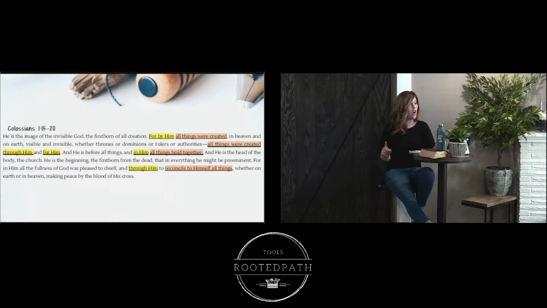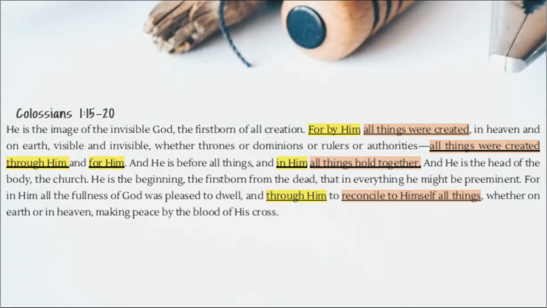Then check this out. All things were created through him and for him. So not only were they created by him, but we were created for him, for his good pleasure. It says he created us by him, but we were also created for him, but in him all things are held together.